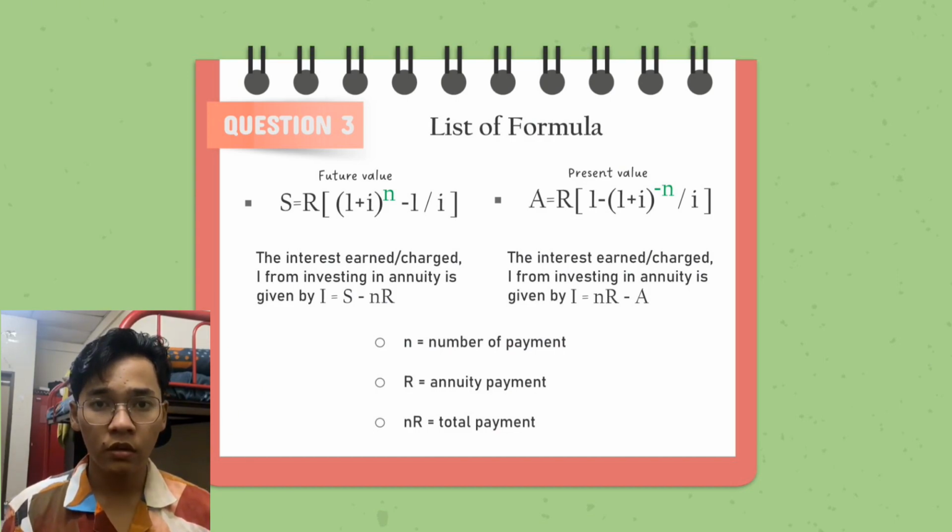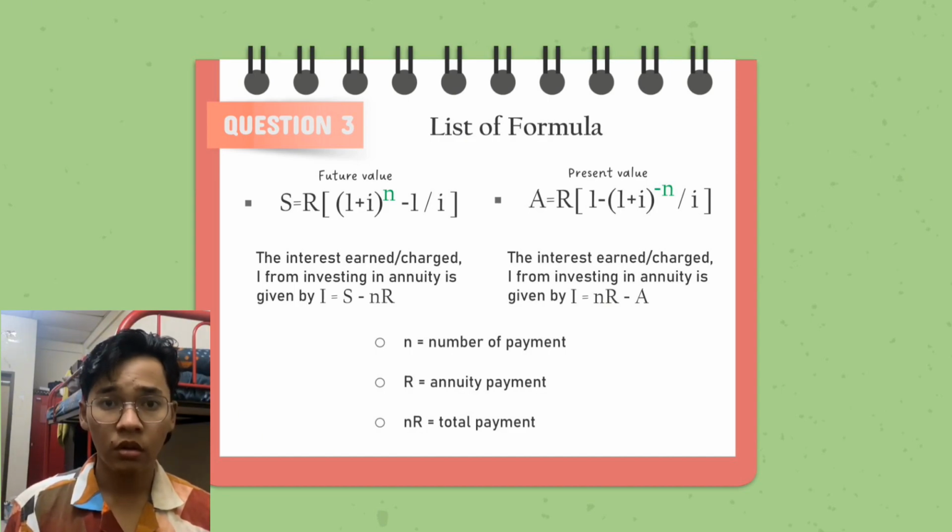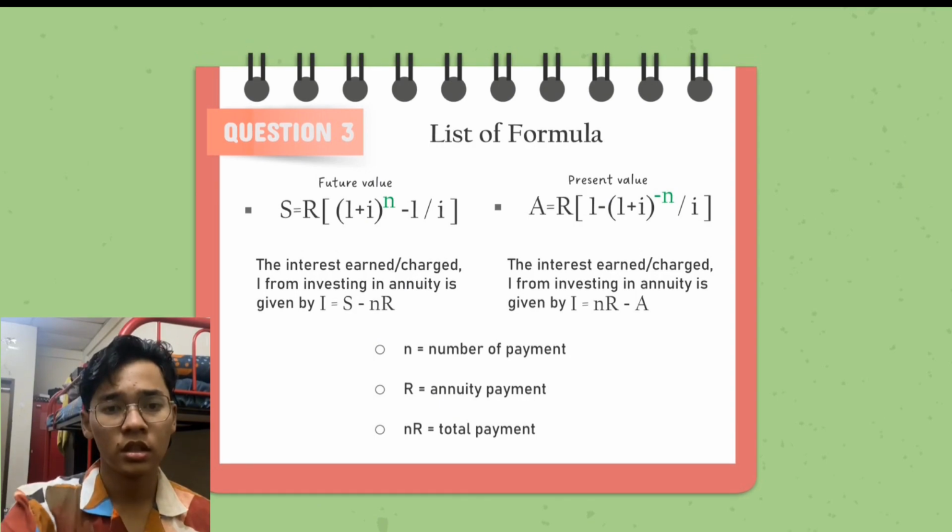The formula of future value for annuity is S equal to R in bracket 1 plus I, the power of n, minus 1, divided by I, where S is the future value, R is the periodic payment, I is the interest rate per period, and n is the term of investment.